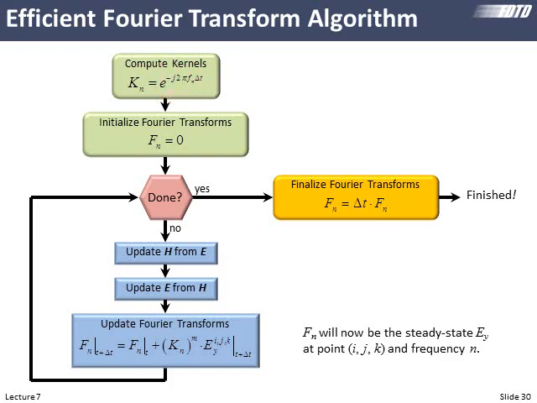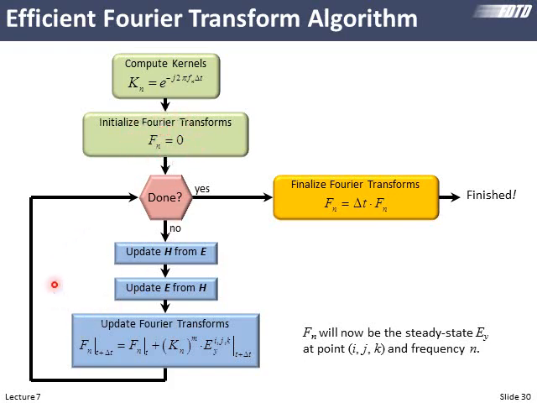If we are Fourier transforming, let's say, 70 different points in the grid, but all at the same frequency, that is only one kernel. We don't have to calculate a kernel for every point in the grid. It's just one kernel for every frequency we're interested in. Then also for every frequency we're interested in and every point, we need to initialize a Fourier transform to 0.